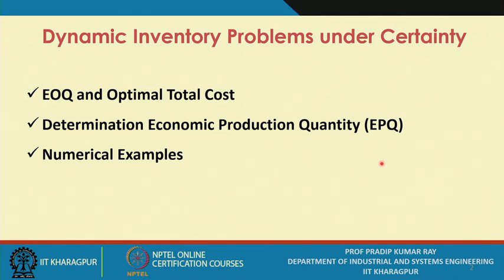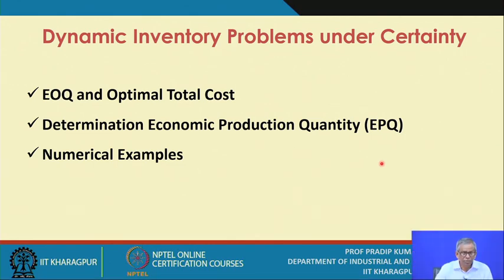We have already developed the EOQ model, so we will be discussing some different characteristics of the EOQ model, particularly the optimal total cost: how to determine the optimal total cost, what the characteristic features of the optimal total cost are, and how EOQ affects the value of the total cost, particularly the total variable cost.